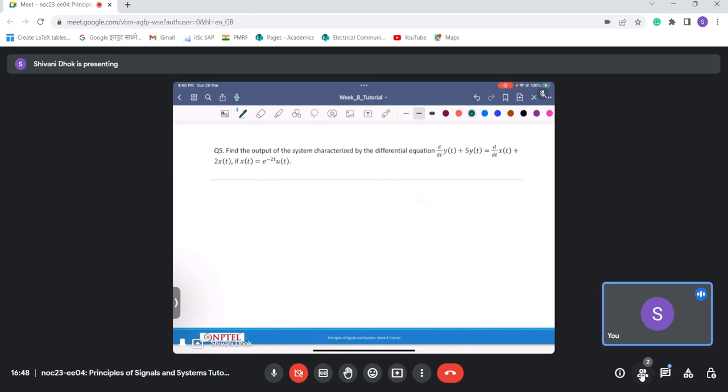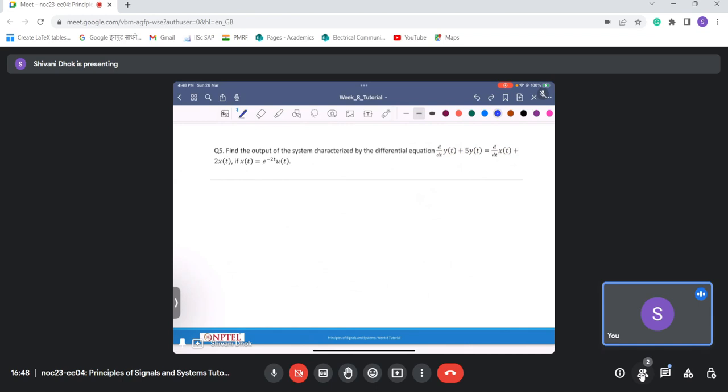If that is the case, then let us look at the next question, that is the fifth question. In this part, we'll look at a very simple example where we have been given a system representation with the help of a differential equation. So this is the differential equation that we have been given. Let me write it again.